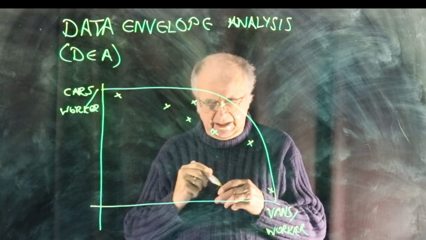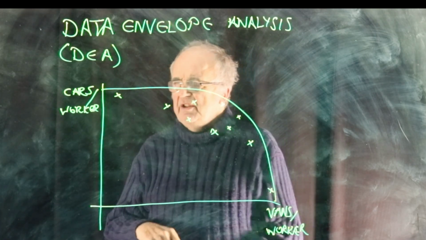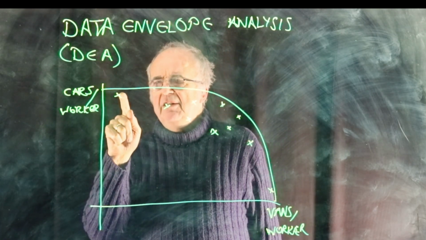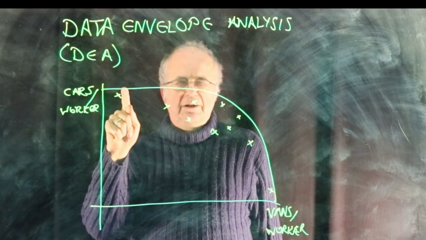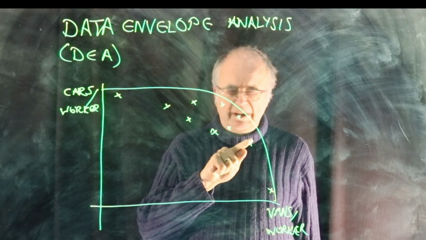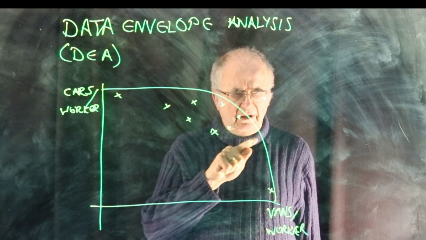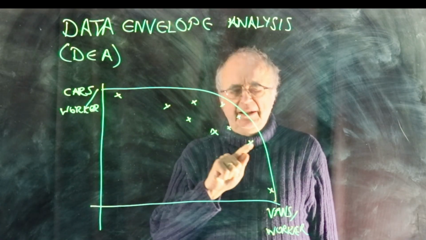That's the basic idea behind data envelope analysis, is that this factory here will be compared with the closest point on the envelope, on the boundary, while this one will be compared with the closest point on the boundary. That means that like is being compared with like.